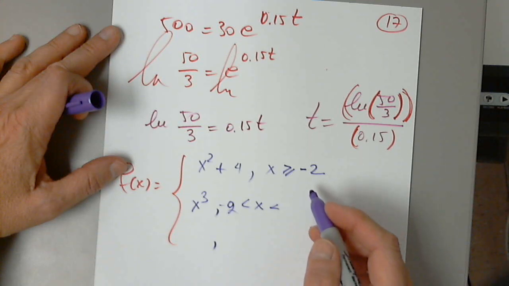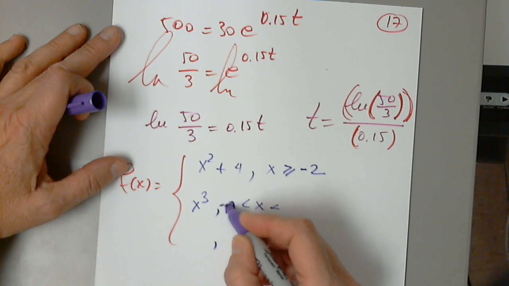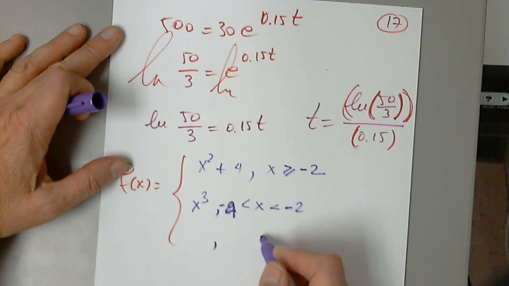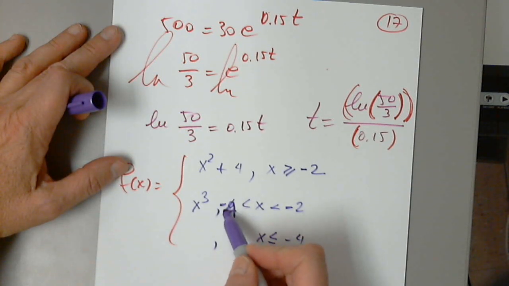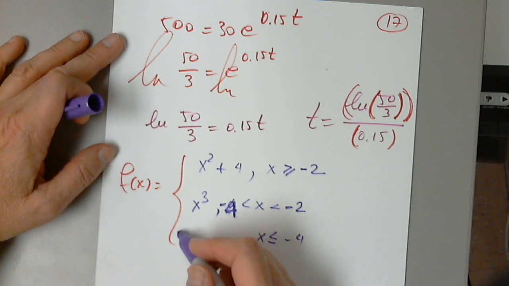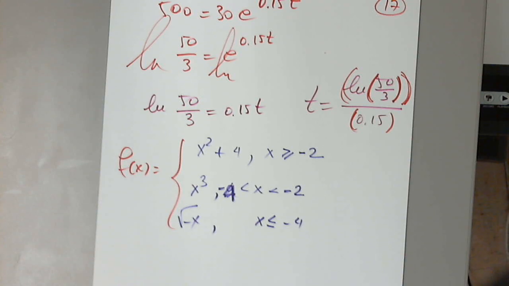So that's greater than negative 2, and then between negative 4 and negative 2, and less than or equal to negative 4, the square root of negative x. So we created a function that is defined on all real numbers.